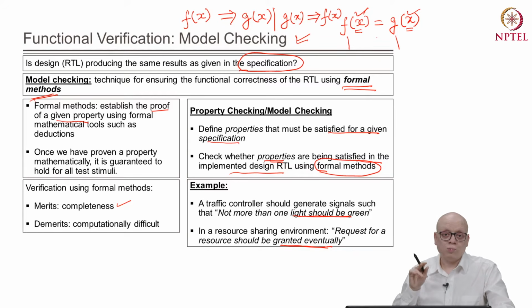Again, the point to note is that it will not do simulation to find out whether those properties are satisfied for all possibilities. It will use mathematical deductions to arrive at a proof which establishes that the given property holds, right.